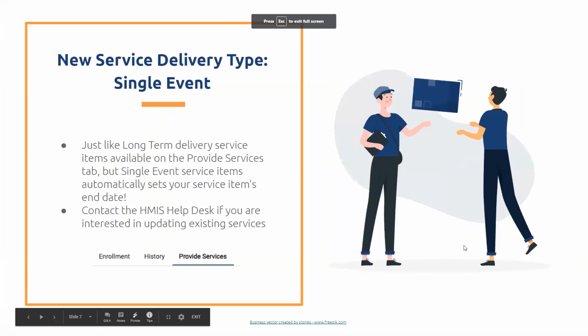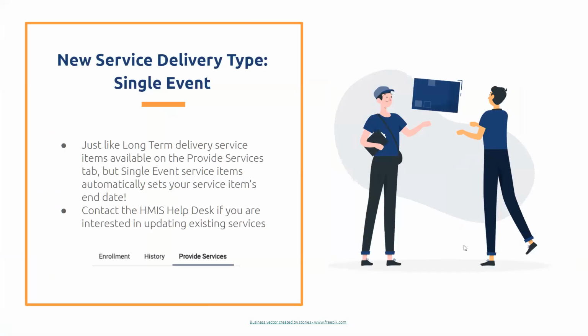So we have a new delivery type option for service items, which is super exciting. It's called single event. Bitfocus has added this new delivery type option for service items that are basically identical to long-term service items, which you enter on the client's Provide Service tab in their enrollment, like you see in the screenshot there.